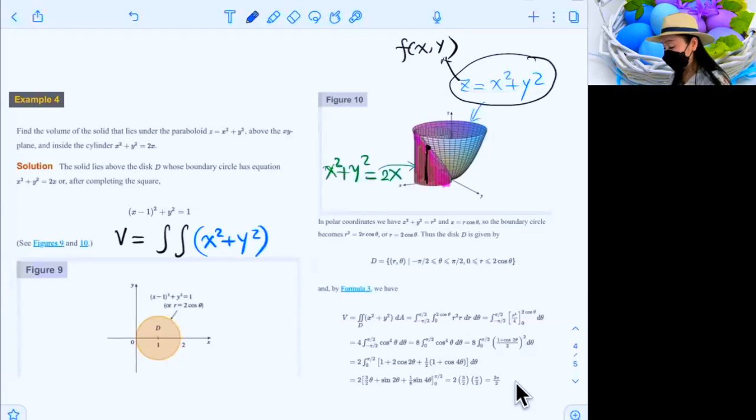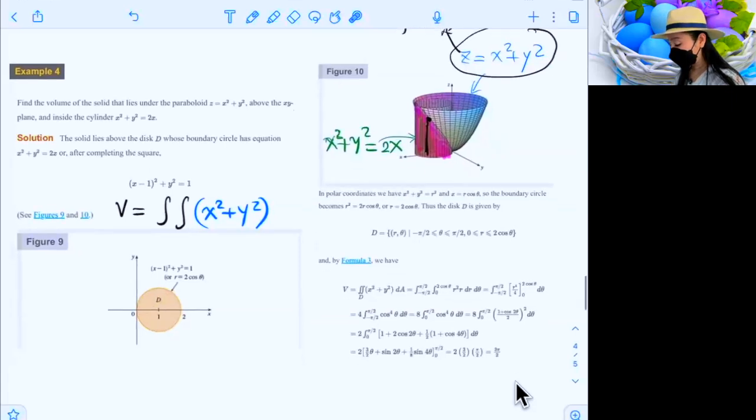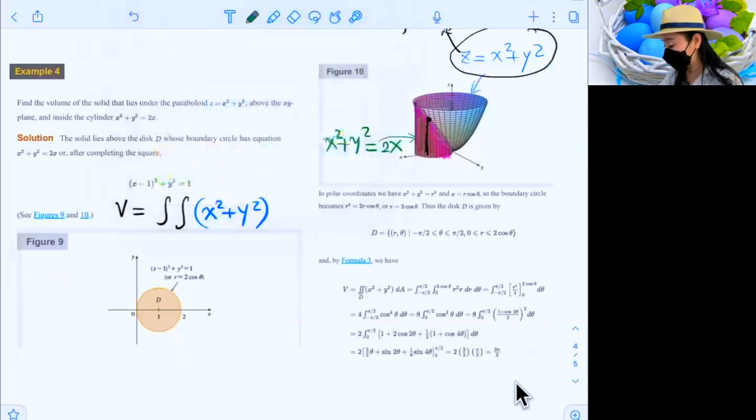Then we integrate this function over a region down on the xy plane. How do you get this region? You complete the square over here. So x squared minus 2x, and then think about what number to add here, plus y squared equal to what?